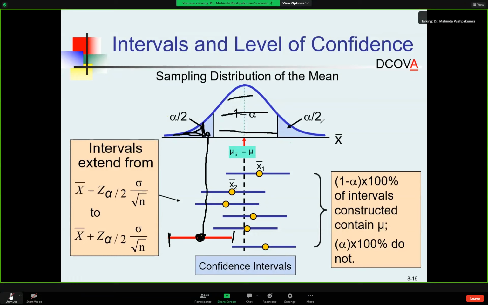That's why we use the random sampling method. That's why we use a random sample. If you use a random sample, your sample mean is around the population mean. Then the confidence interval you estimate based on the sample mean is correct.